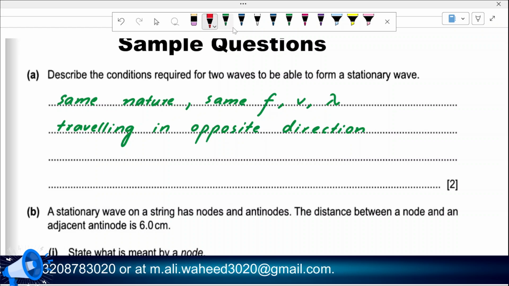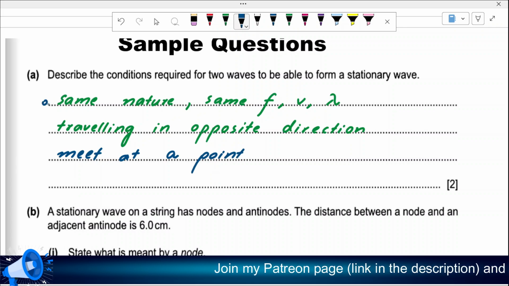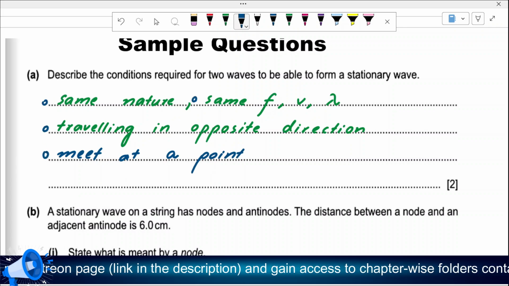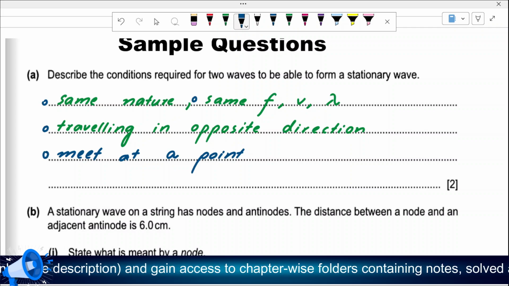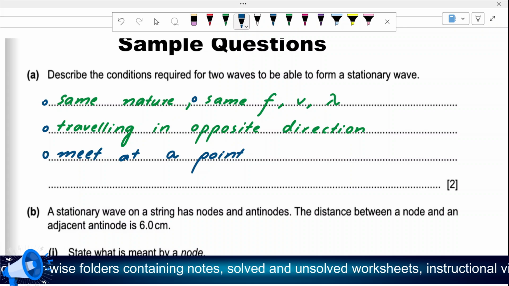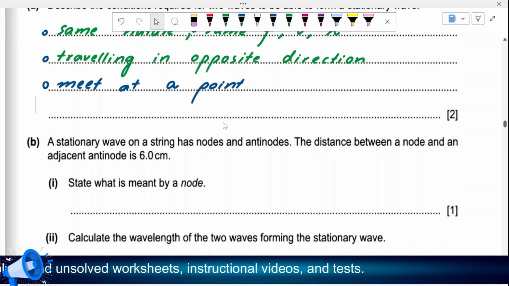And lastly, the waves should be meeting at a point. So you can write all of it in the description. They should be of the same nature, have the same frequency, wavelength, or speed, travel in the opposite direction, and the waves should meet at a common point.